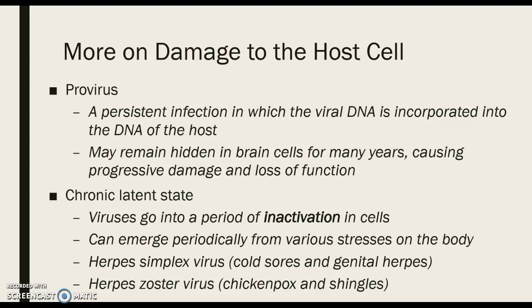And then there's herpes zoster virus, which is chickenpox and shingles. Basically, if you've had chickenpox, that herpes zoster virus can live dormant in your nerves and later on rear its ugly head as shingles and cause you lots of pain.